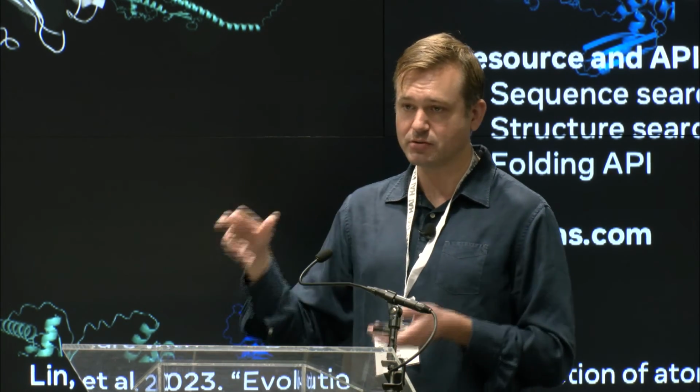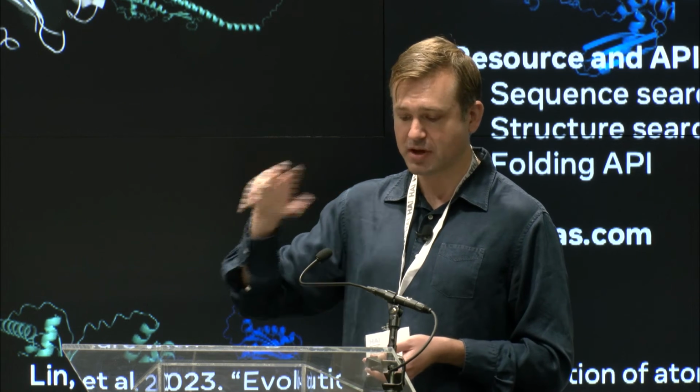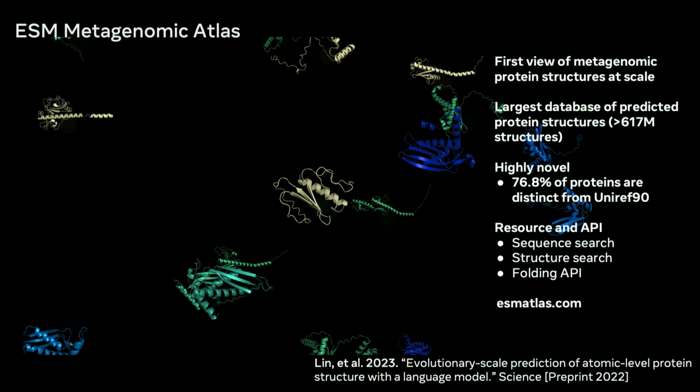And so because ESMFold is so fast, we were able in 2 weeks basically to fold an entire database of metagenomic proteins with over 600 million protein sequences in it, and really create the first comprehensive survey of the structure of metagenomic proteins.